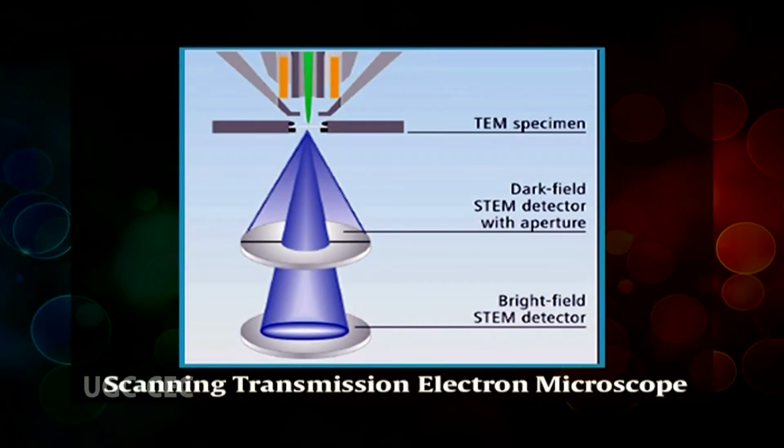It is a combination of the high magnification of TEM and the better surface detail of SEM. So, STEM is usually used to perform very complex analysis of objects and specimens that is not possible by just using the TEM.